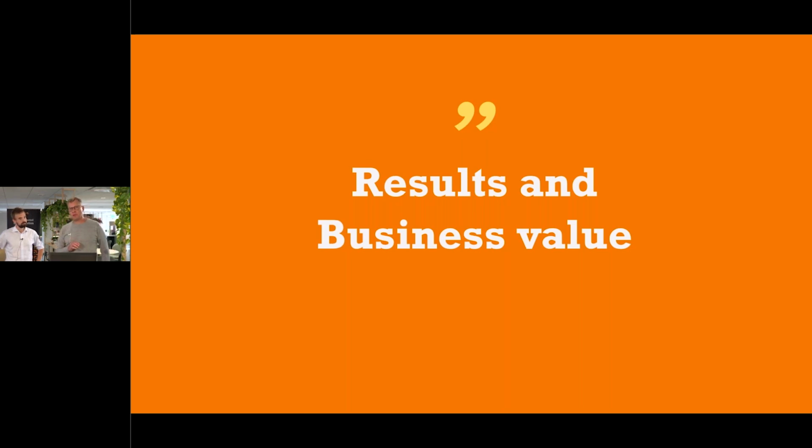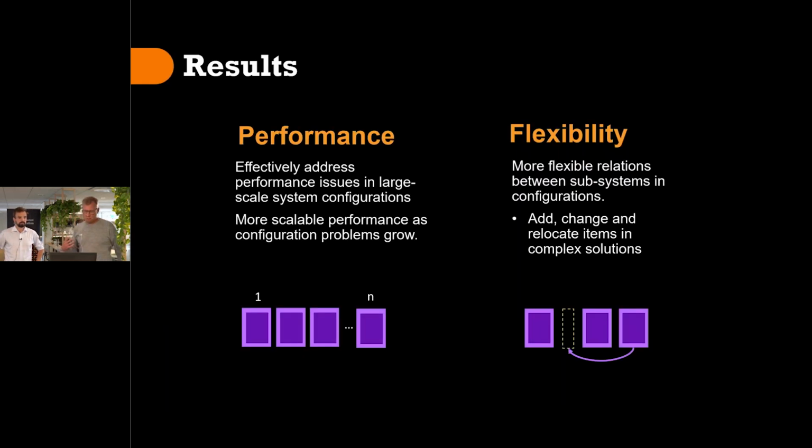Great. So before we go into the questions, I just want to give some hints for you, if you're a business owner of your CPQ system or your sales automation tools in your company, on the business value that we create with system configuration. We've alluded to this already in the demo, but performance, of course, is one important factor here. If you've tried to implement CPQ before and run into performance issues, system configuration could be a tool that allows you to address those challenges.